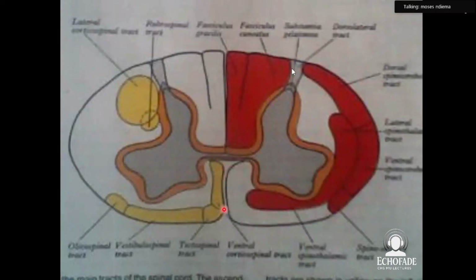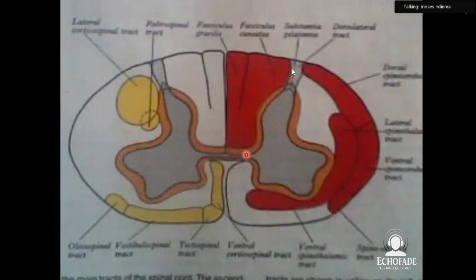Remember, when we talked about the neural tube, we said we have a roof plate and also a floor plate. So this is a very narrow part here that was the floor plate, and this is a narrow part that was forming the roof plate. Connecting this, we refer to this as a commissure, connecting one part of the spinal cord to the next, right or left.